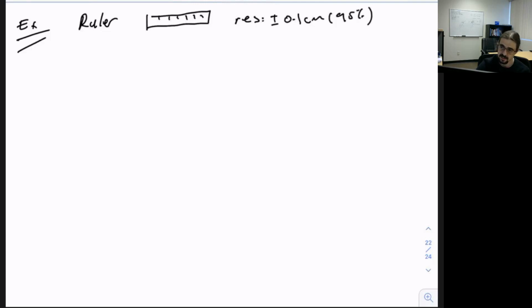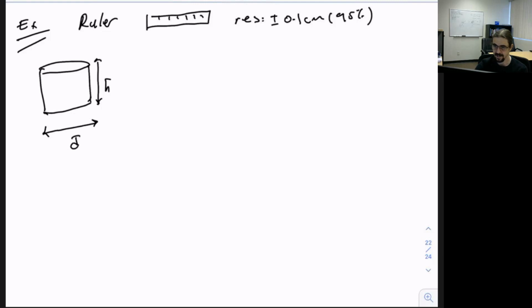So then we get a cylinder, and we measure the cylinder's height, h bar, and then the diameter, d bar. What we want to know is the uncertainty in the volume measurement.